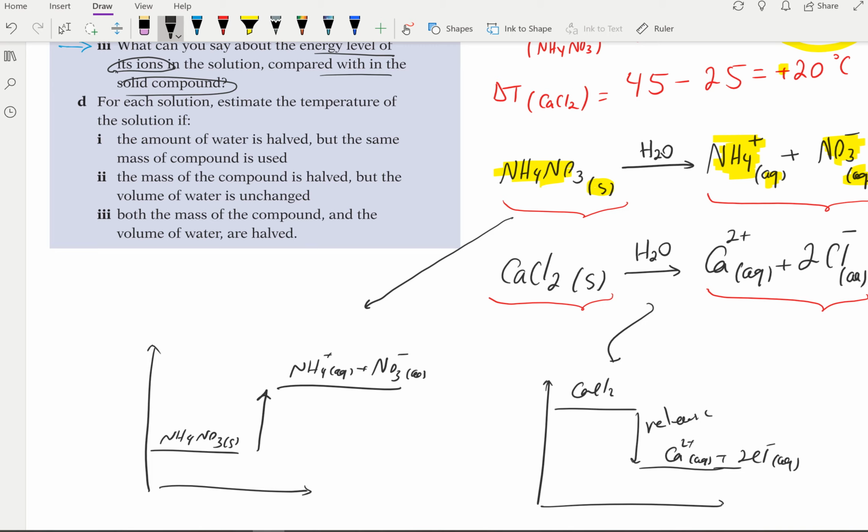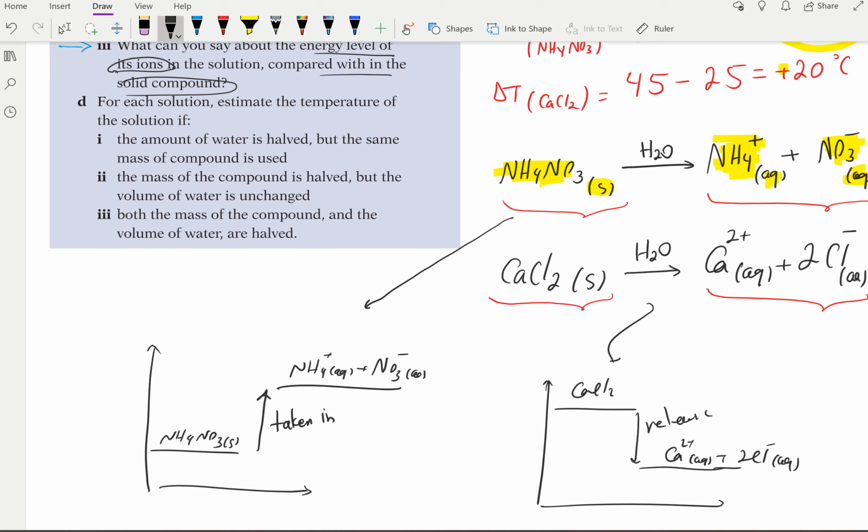And for the first one, the energy is absorbed or taken in. The question doesn't ask us to draw the energy diagram, but for more clarification, I drew the energy level diagram for that one.